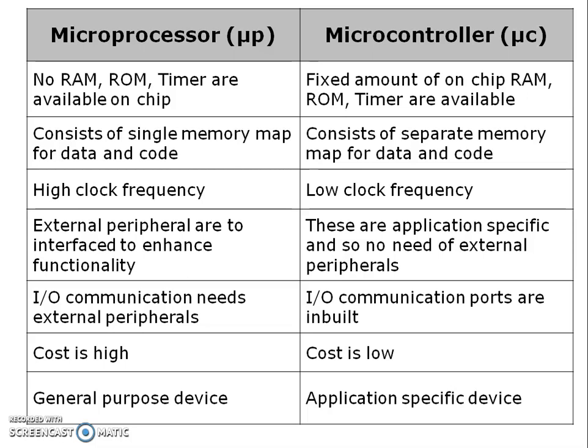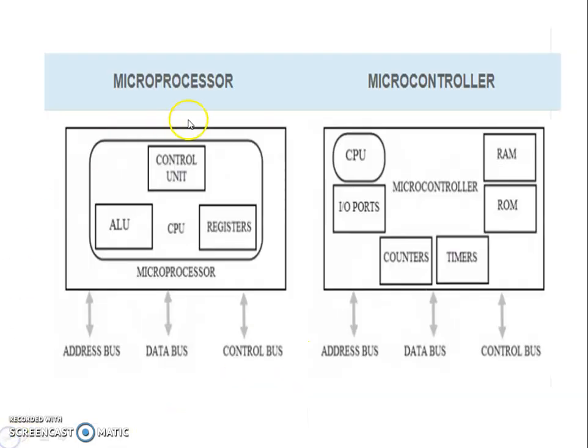That means for a specific application a microcontroller is used, and for a general purpose application a microprocessor is used. This is the main difference between processor and controller, and this difference is between microprocessor and controller block diagram wise.